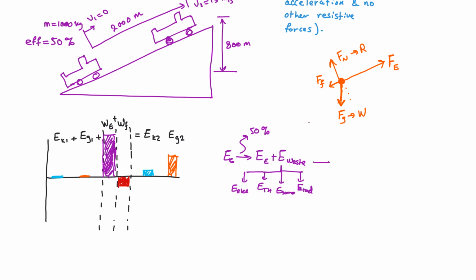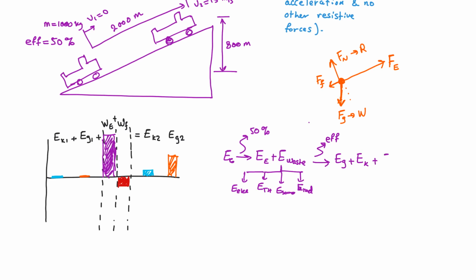Now, from those energies there, we're going to have some efficiency here, and that engine, that 50% of the energy of the engine is going to be transformed into gravitational plus the kinetic energy of the car because it's gaining some speed, so that's the kinetic. It's gaining some height, that's the potential.